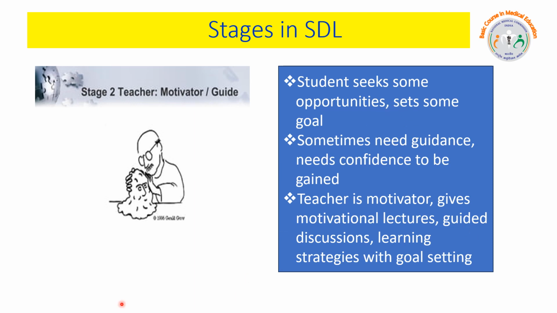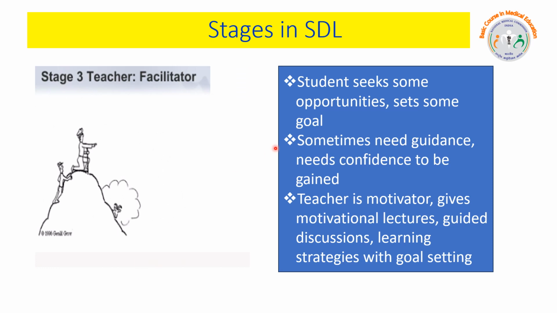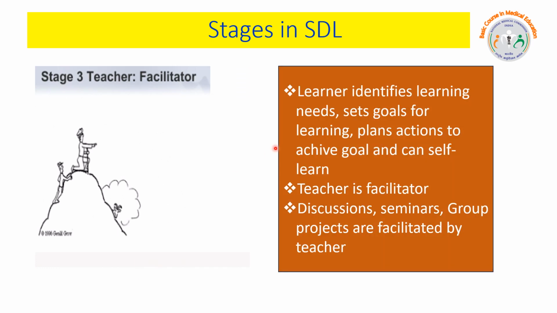Now the third stage is the involved learner. The student is an involved learner with his or her own experiences. Teachers and students here share the same platform of decision making, and students increasingly take over the role of the teacher. So the teacher here acts as a facilitator.